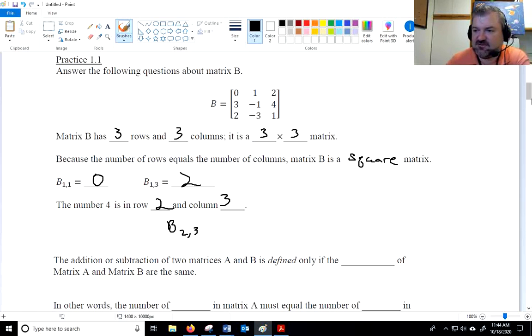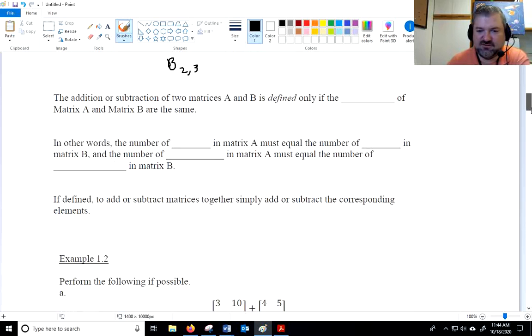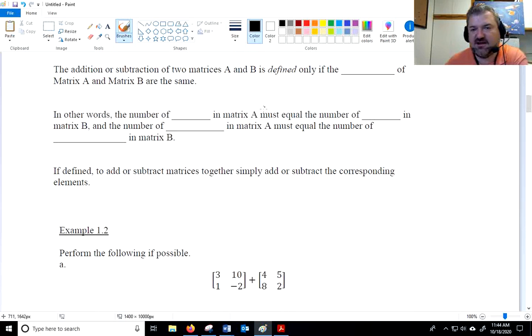The addition and subtraction of two matrices A and B is defined only if the size of matrix A and B are the same. Or in other words, we could use a different word than size. Let's say dimensions. That would be more specific, right? The dimensions have to be the same. So 2 by 3s can add with 2 by 3s, 3 by 3s with 3 by 3s, but they don't play well with others.